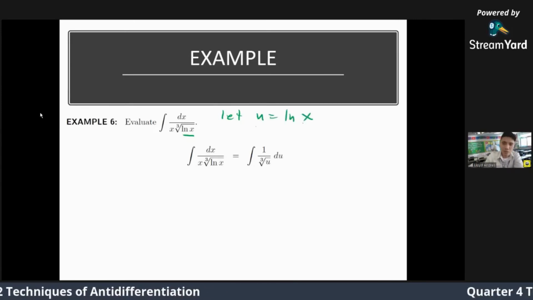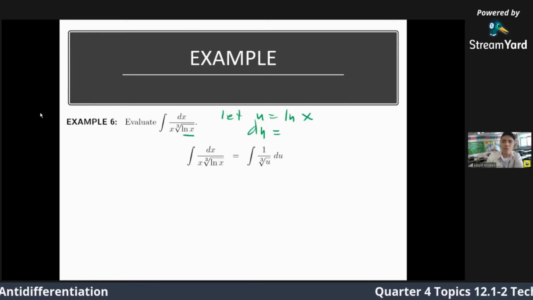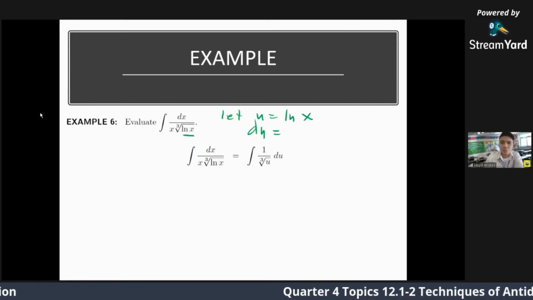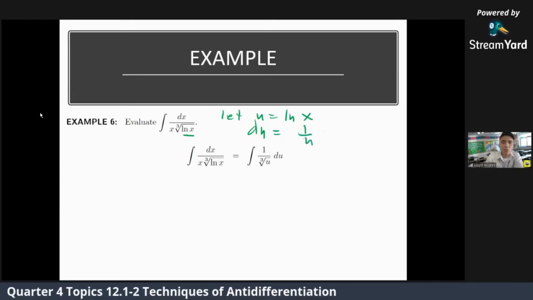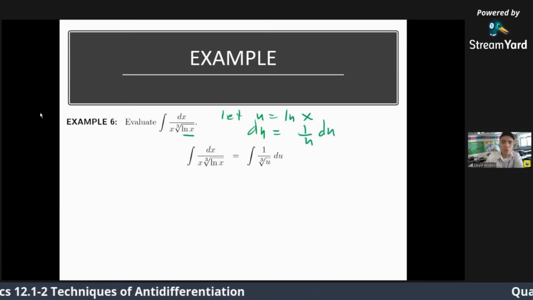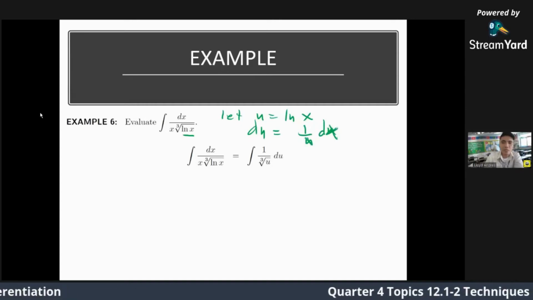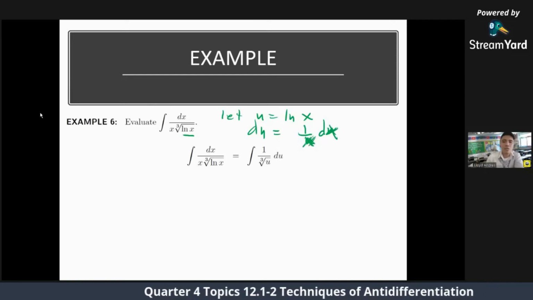Tapos derivative ni u. Recall tong derivative ni ln of x, 1 over x dx.